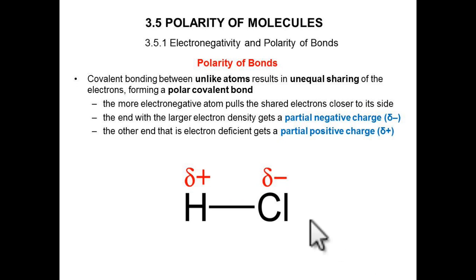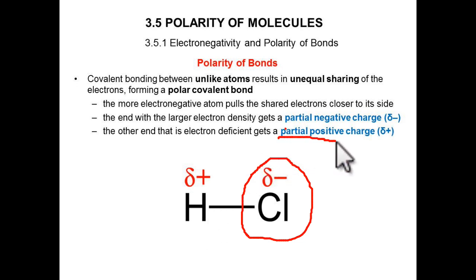Since chlorine pulls the electron, hydrogen, which is less electronegative, is said to be partially positive. Why? Because of electron deficiency. Why is there electron deficiency? Because the electron owned by hydrogen has been pulled to the chlorine side. That's the main thing you need to know.